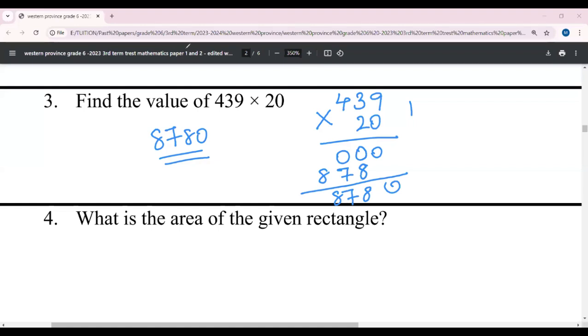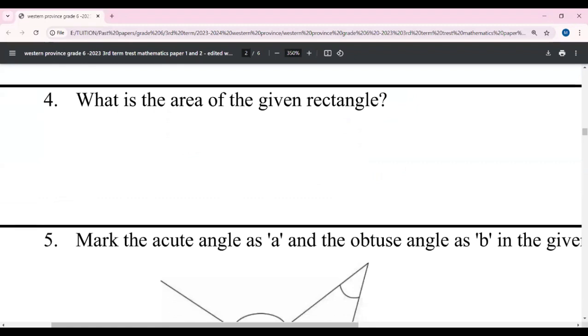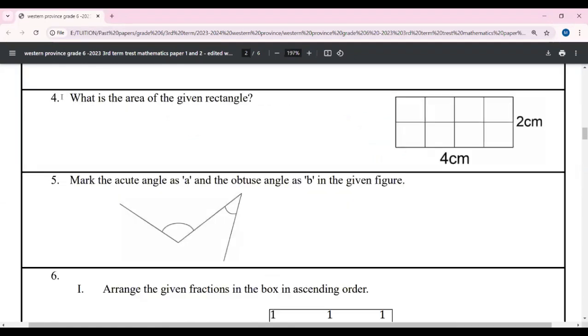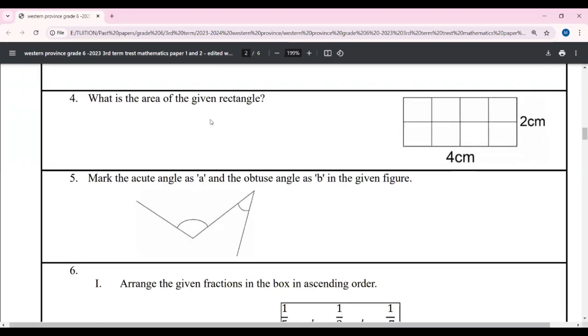Okay, let's go to the next part. This is going to be the fourth question. What is the area of the given rectangle? Okay, let's see the given rectangle, this one, and this has been given so that we know this small square is 1 square centimeter.